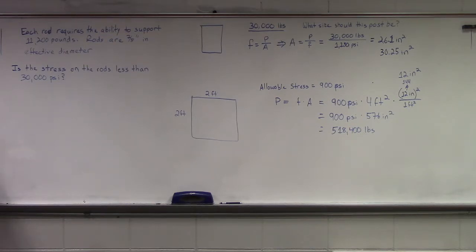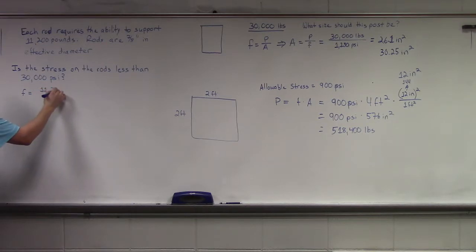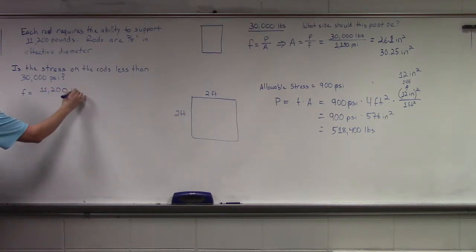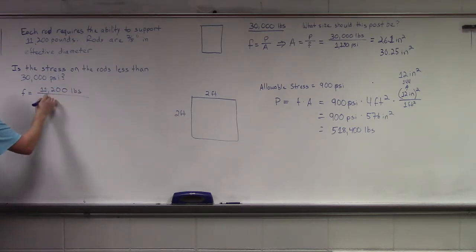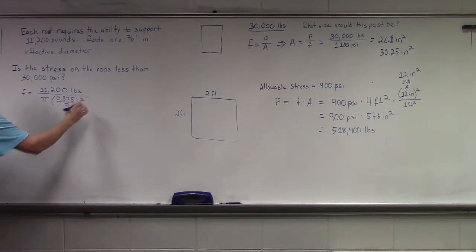So would it be 11,200 over pi times the radius squared? The area is 0.6. So 0.6, it's 7 divided by 8 divided by 2, squared, times pi. I got 18,666.